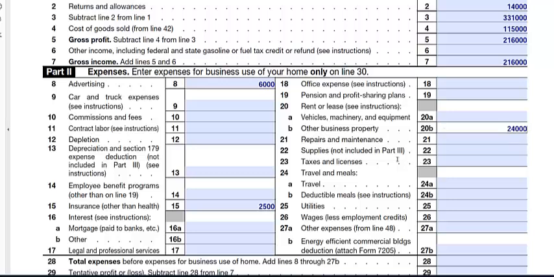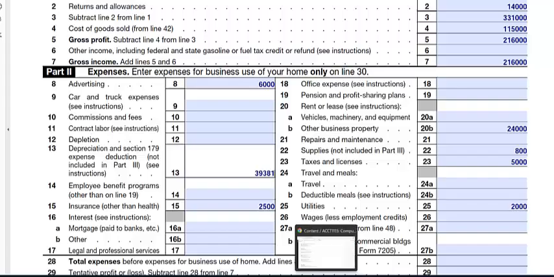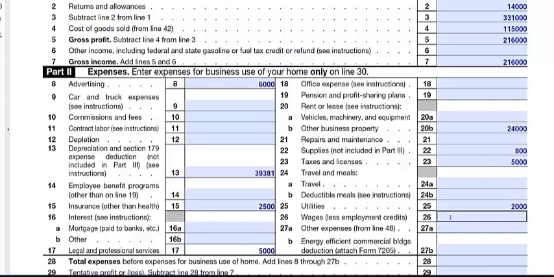Her supplies were $800. Taxes and licenses were $5,000, and utilities were $2,000. Legal and professional services were $5,000, and wages were $59,000.